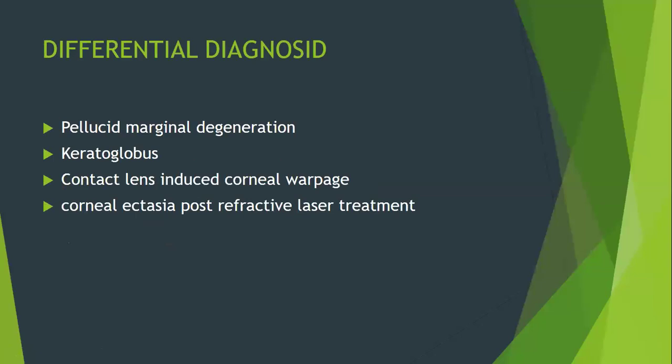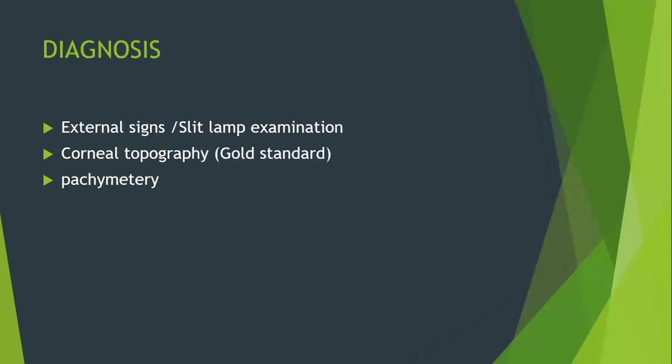Okay, so I will start from here. I was saying that we must consider differential diagnosis when we are seeing a case of keratoconus, which is pellucid marginal degeneration, keratoglobulus, contact lens induced corneal warpage, and corneal ectasia post refractive laser treatment. And then for diagnosis, the gold standard is corneal topography, but we must remember to look for the external signs and slit lamp examination and pachymetry.